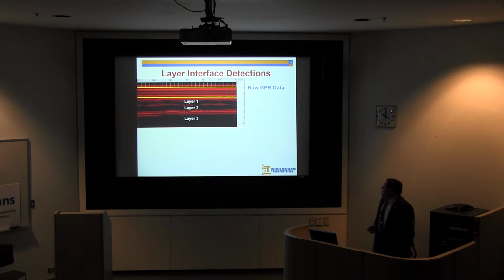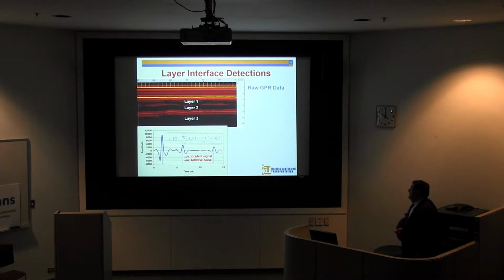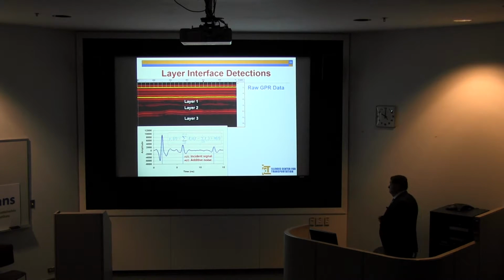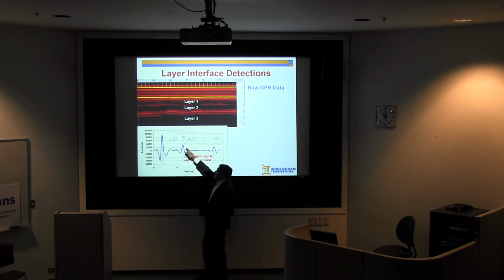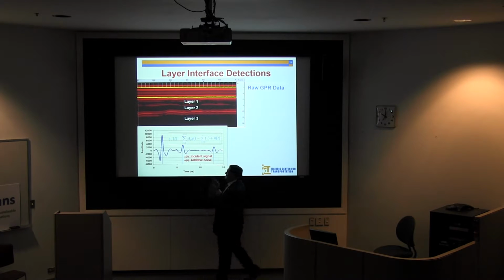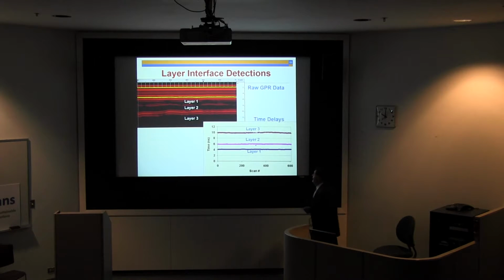So this here is raw GPR data, and we start now using some analysis to detect the threshold that we want to consider as a layer. Whenever the amplitude reaches this value here, consider that this is a defect, this is a layer, or whatever, and we start our analysis.